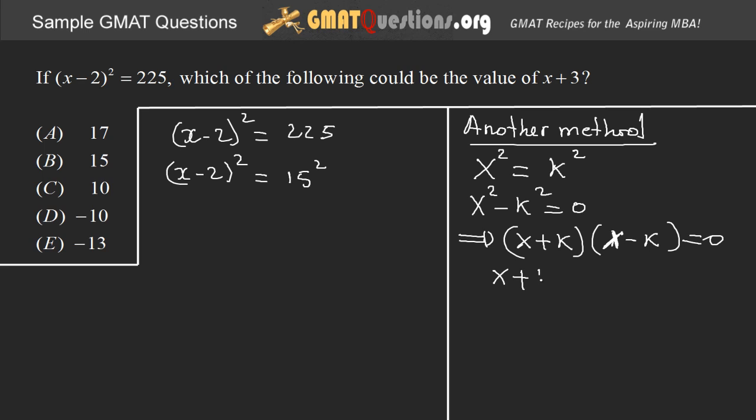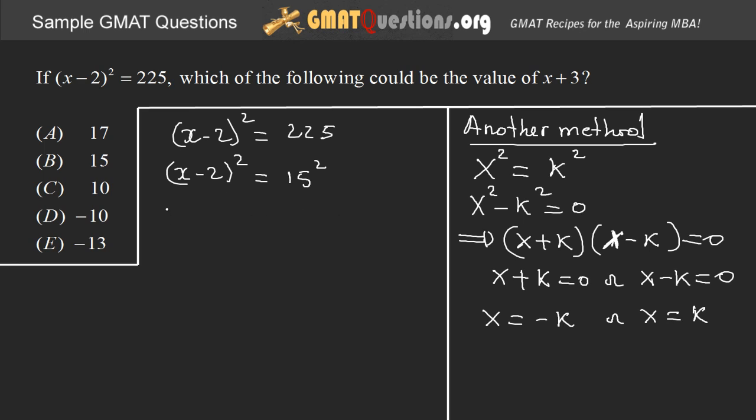It is the same as x plus k equals 0, or x minus k equals 0, which means that x equal negative k, or x equal k. Essentially it boils down to what we did earlier in a faster way, but this particular method can be useful, and you'll see in a moment why.